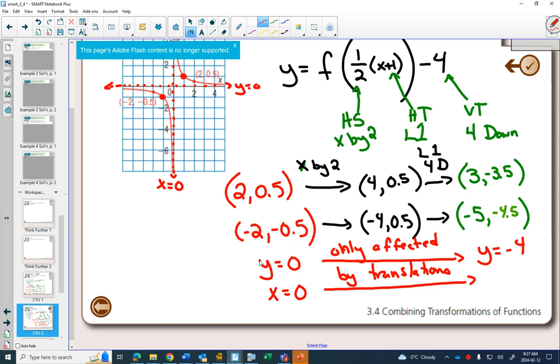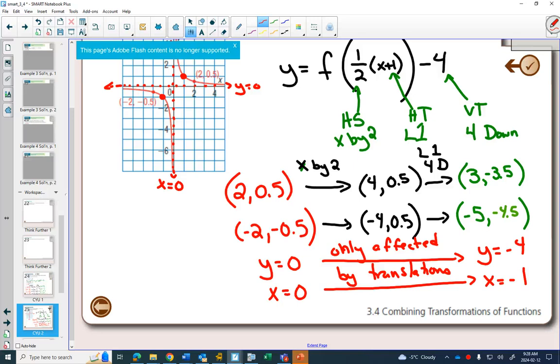Same thing with your vertical one at x equals 0. If you move a vertical line that goes on forever up and down, it will still be exactly in the same spot. But if we move our vertical line 1 to the left, we are going to get x equals -1.